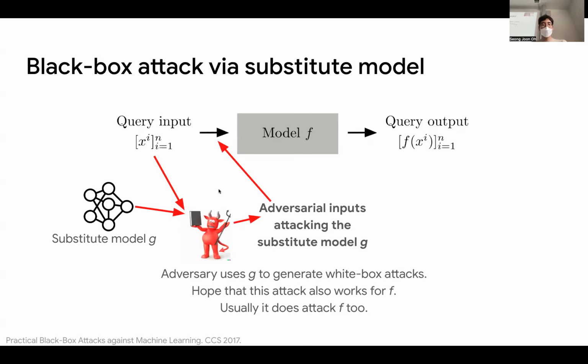After doing that, you prepare some query input to turn it into an attack, and then using this substitute model, you generate an output that's attacking your substitute model. And you trust that this attack will also attack your target model F because of some transferability of your attacks. Okay, and then you are successfully attacking this black box model out there.